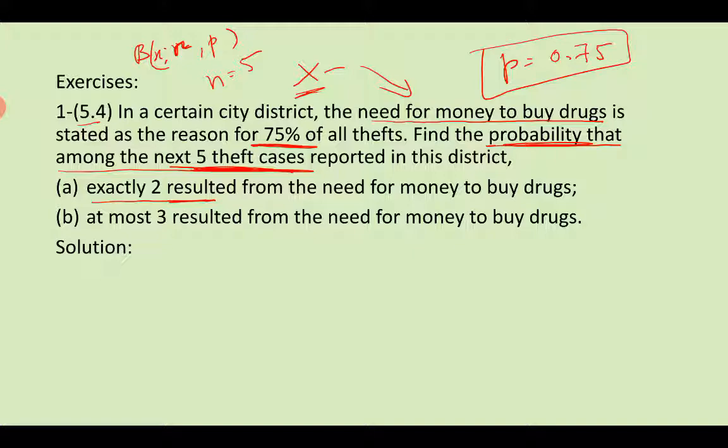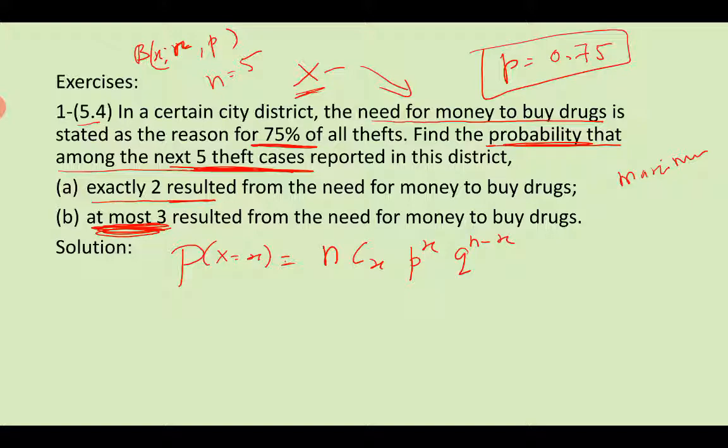Exactly 2 from the need for money to buy drugs, and at most 3. What do you mean by at most 3? Maximum 3. So let's see the formula of binomial distribution. P of x is equal to nCx, p, probability of success to the power x, and q, probability of failure to the power n minus x.